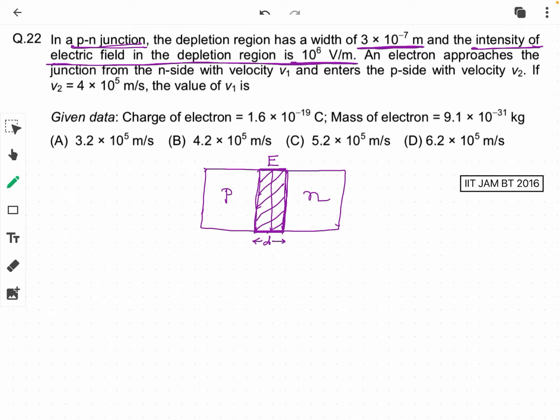Now an electron approaches the junction from N side. So suppose here is an electron which approaches the junction from N side, okay, with velocity v1, so its velocity here is v1, and enters the p side with velocity v2.